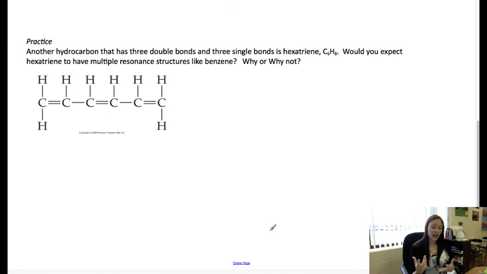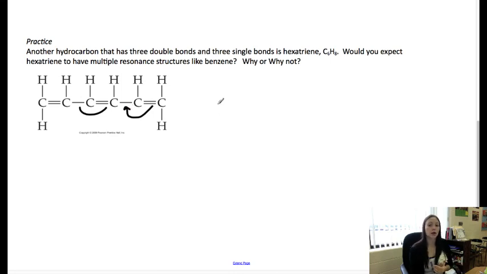You cannot have multiple resonance structures for this one, because if this bond moves, you're going to end up with only 3 bonds to carbon. 3 bonds to carbon is not good. So these bonds here cannot go anywhere. They can't move.